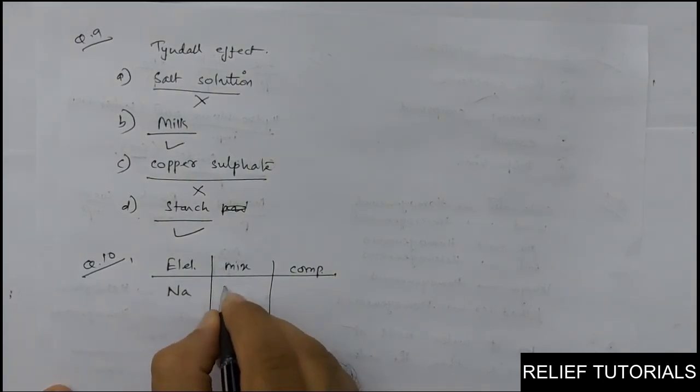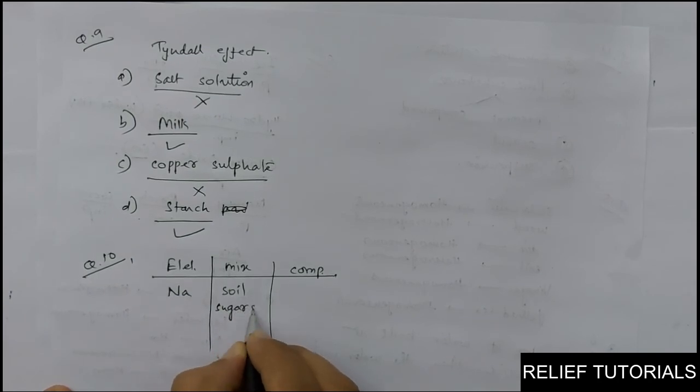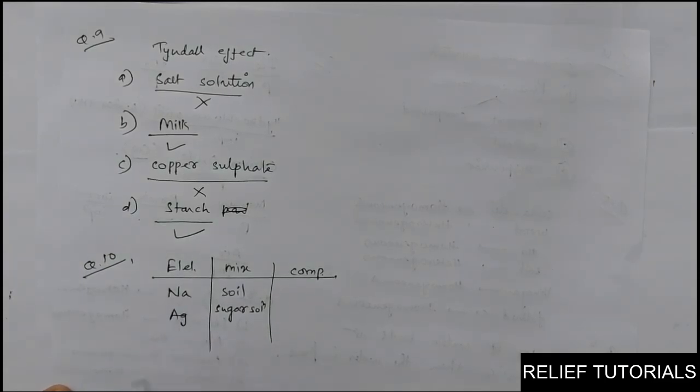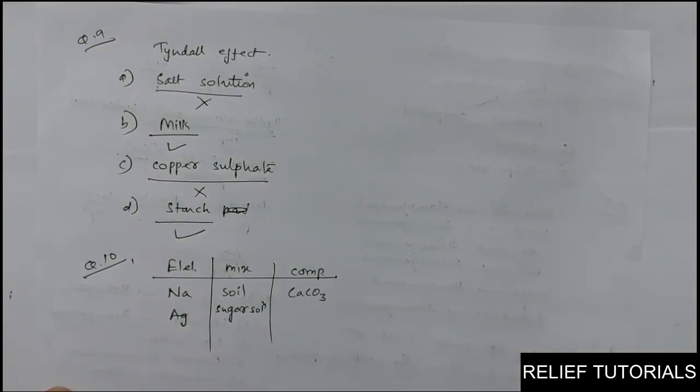Then soil, soil is a mixture of many substances. Third is sugar solution, so I think again it is a mixture. Then silver, silver is an element, symbolically Ag. Calcium carbonate, compound, CaCO3.